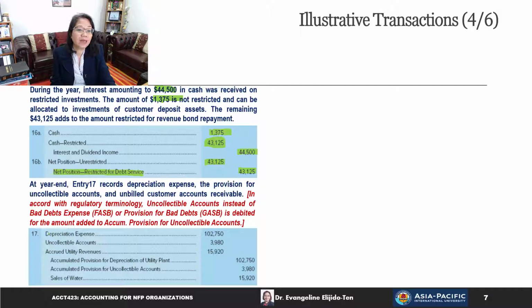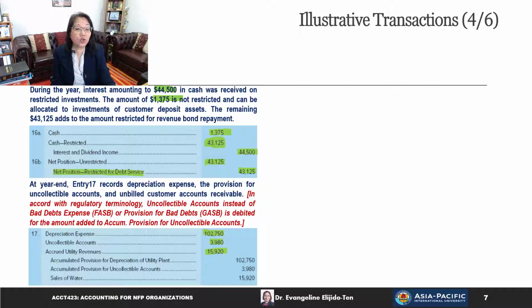So our debit would be to depreciation expense. These figures again are given. So depreciation expense 102,750. Uncollectible accounts will be debited for 3,980, and accrued utility revenues 15,920.